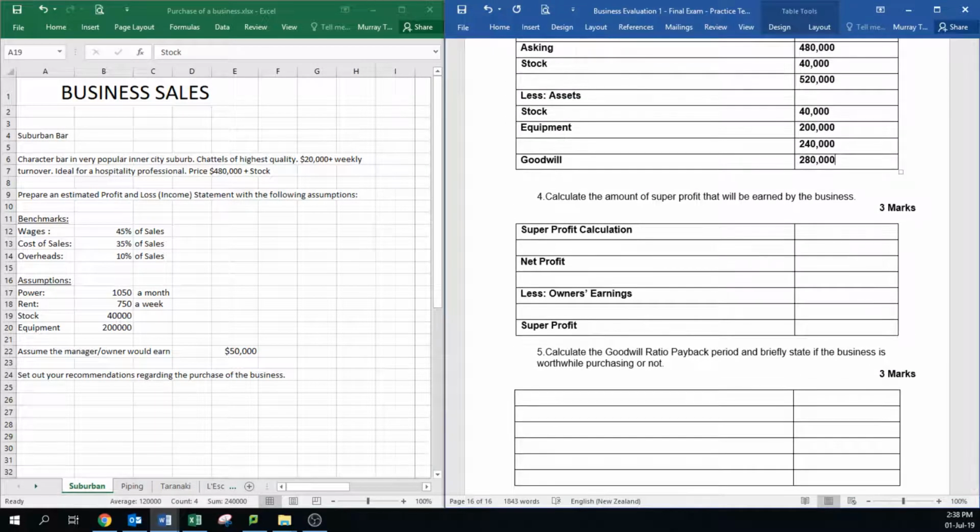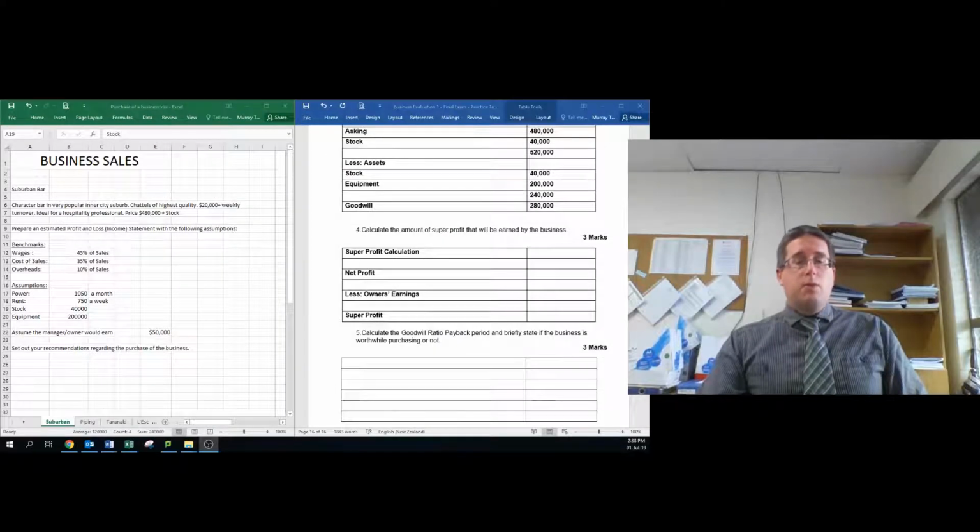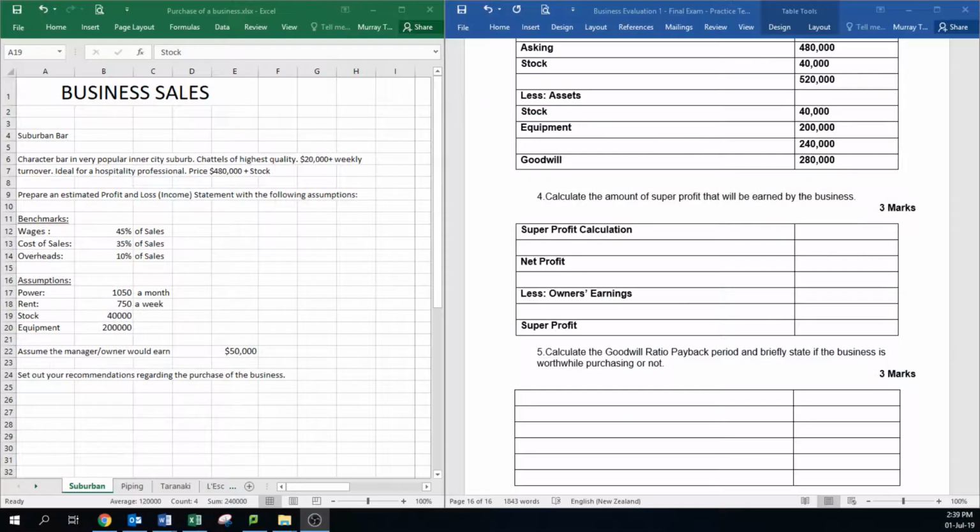Okay, so now we move on to step 3, and step 3 is calculating super profit. Super profit is the extra reward that the owner is going to get for carrying on this business. Carrying on a business has lots of risks, and these are the extra rewards that they're going to get. So it's calculated. Just have a look at the question.